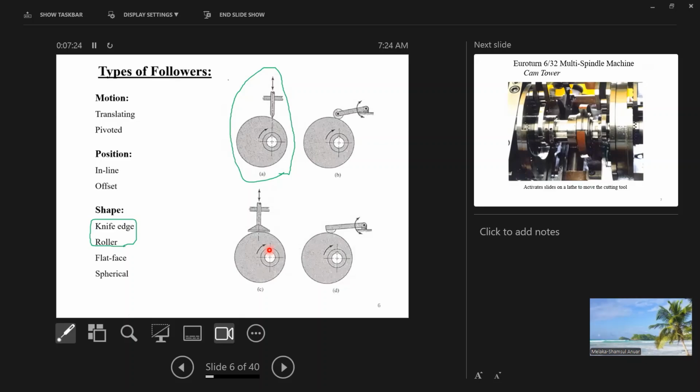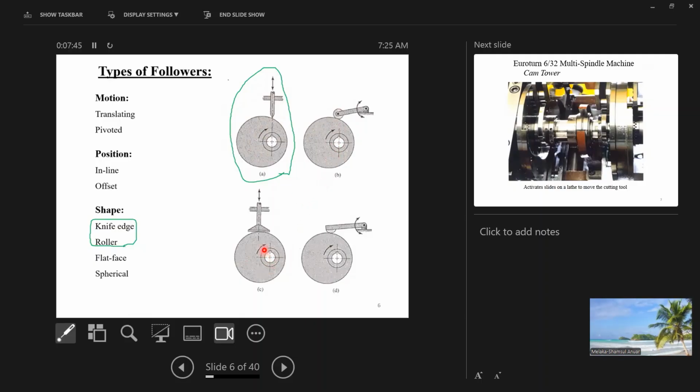All right. Other interesting facts: we can have cams that are inline, where the motion of the follower falls onto the center of the rotation of the cam.